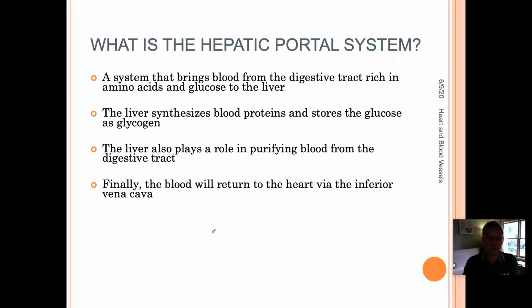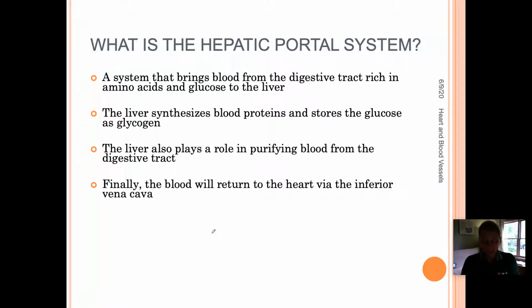It also synthesizes blood proteins, and it stores glucose in terms of a polysaccharide, which is called glycogen. The liver also purifies blood that comes from the digestive tract. So, for example, it removes alcohol and other drugs from the system and either stores them or tries to send them to the urinary system. All right. And then from the liver, the blood will eventually return to the heart through the inferior vena cava.